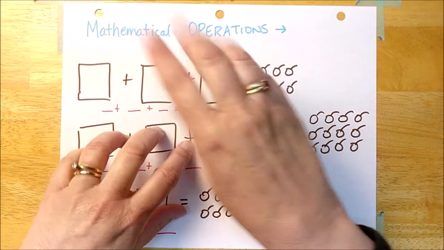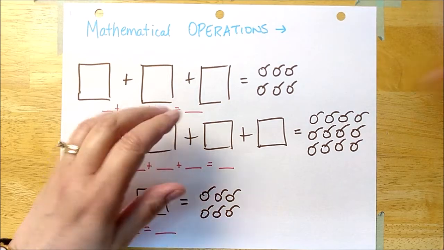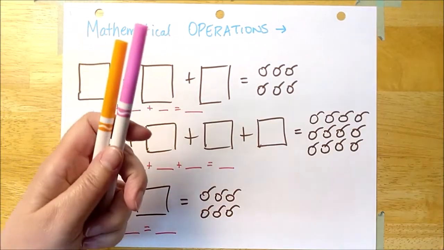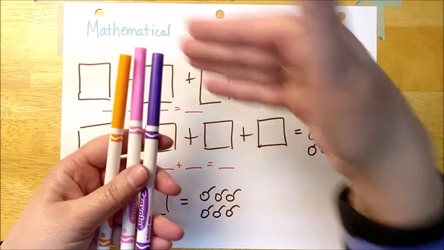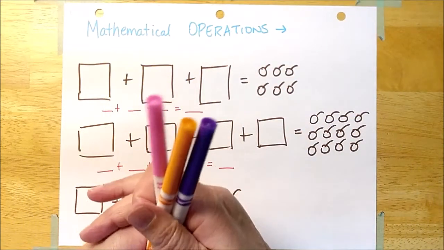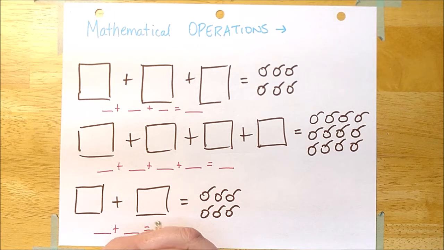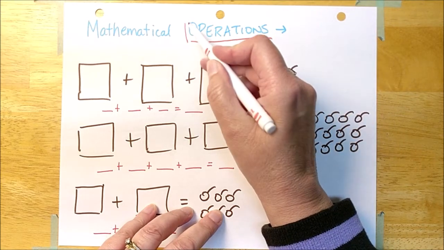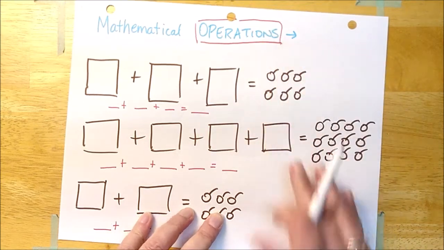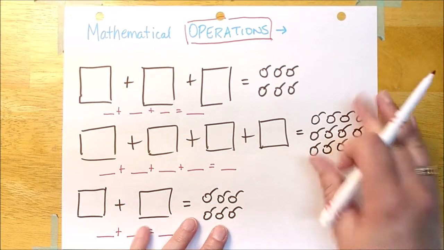But before we start, I want you to think, if I have this and this and this, we'd say that orange, pink, and purple are all colors. You're right. In math, we have things called operations. There are 4 mathematical operations that you have learned.